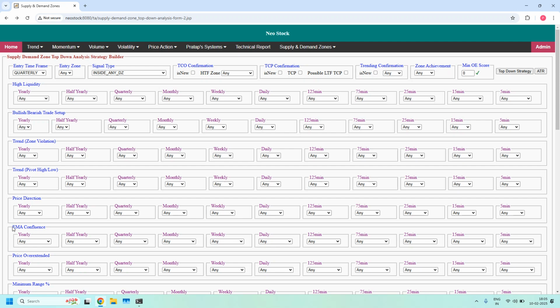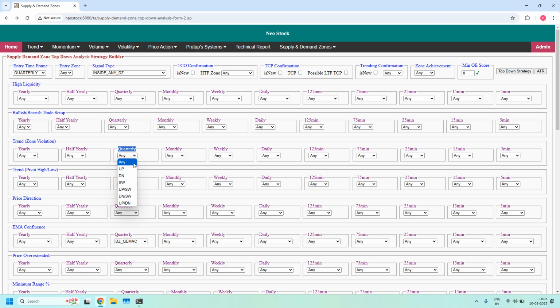So I am adding the filter EMA Confluence at quarterly time frame. Quarterly demand zone having quarterly EMA confluence filter is enabled, and the trend in the quarterly time frame should not be sideways, because EMA confluence doesn't make any sense in a sideways market.